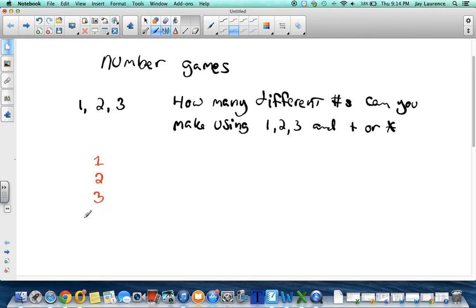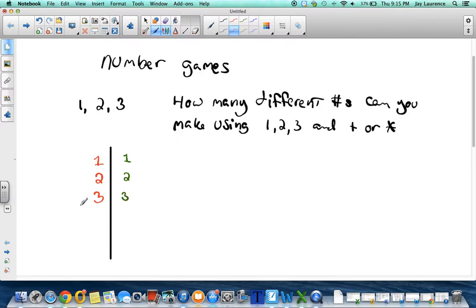For example, I might say 3 plus 1 is 4, okay? But I could also think about 4, and maybe I should do it like this. Let me get a line here. Okay, so how do I make 1? Well, just by 1, I make 2 just by using 2, and I make 3 by just using 3.